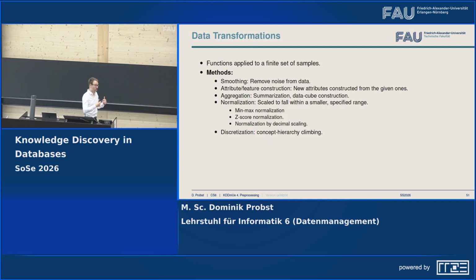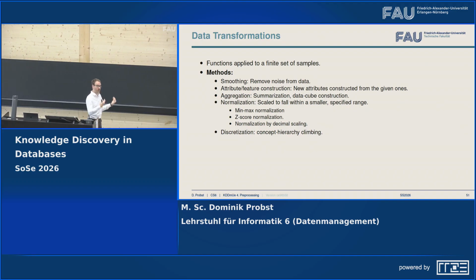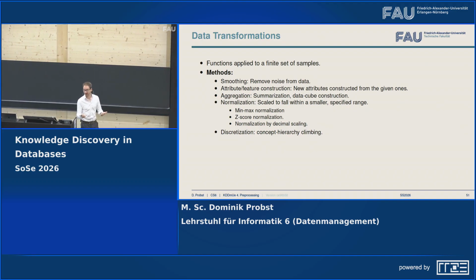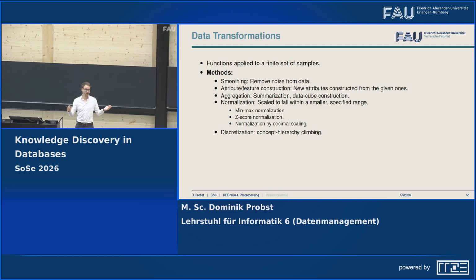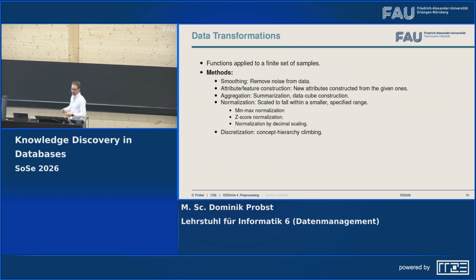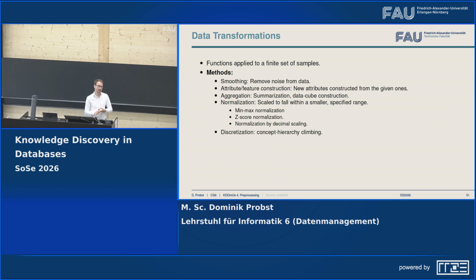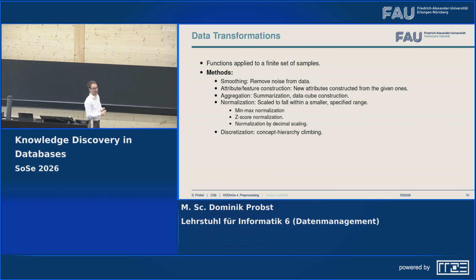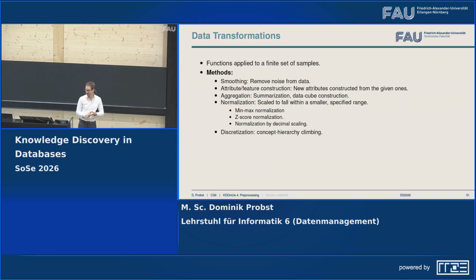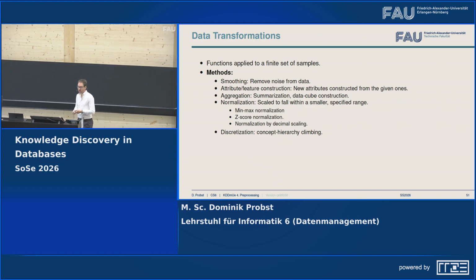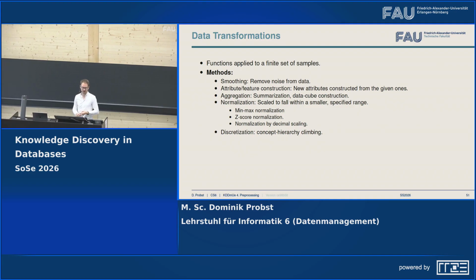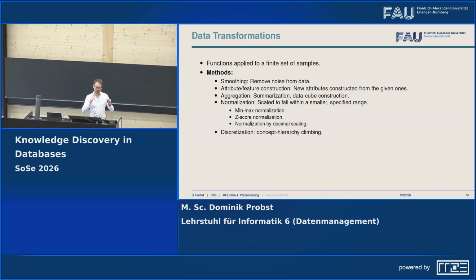We can generate new attributes and features. We talked about that last week as well. PCA was creating new features out of our features. We can, of course, summarize data that will become pretty relevant in data warehousing, so in the next chapter. And we can do things like normalization and discretization, which are the focus of this subchapter.